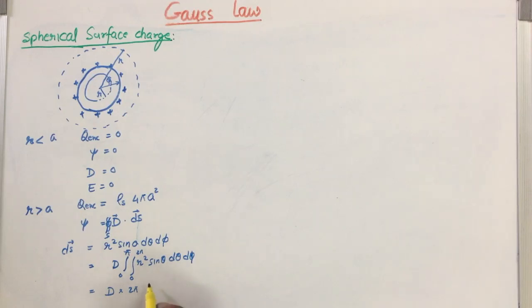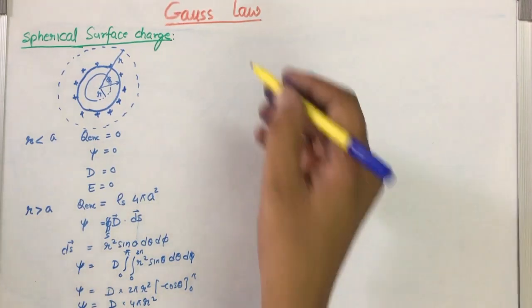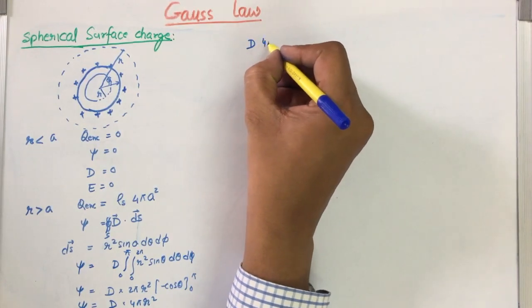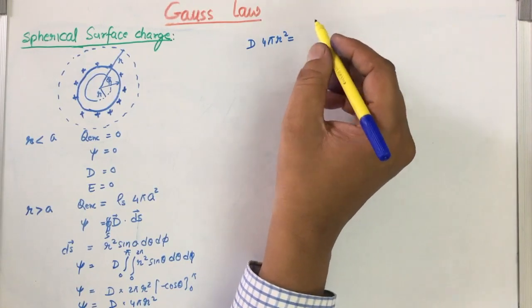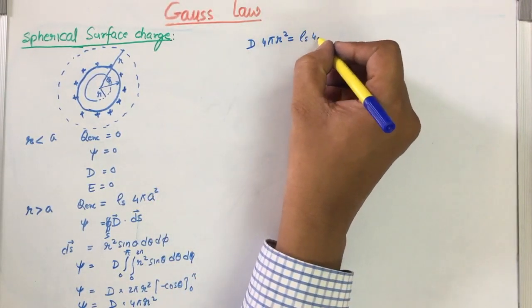The remaining r square is constant for the sphere, so it comes outside. The integral of sine theta is minus cos theta from 0 to pi, which gives minus 1 minus minus 1, so it gives 2. So D times 4 pi r square is the total flux, and that will be equal to the charge enclosed, rho s times 4 pi a square.